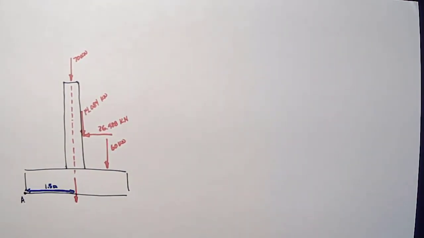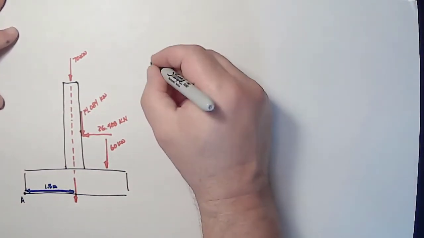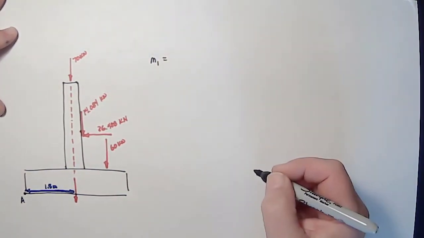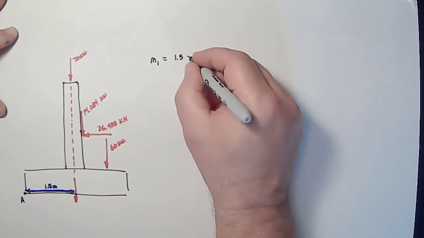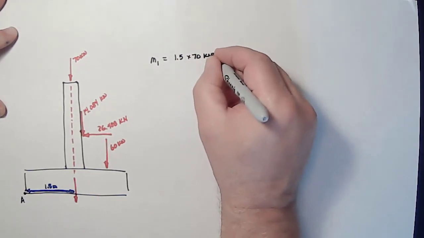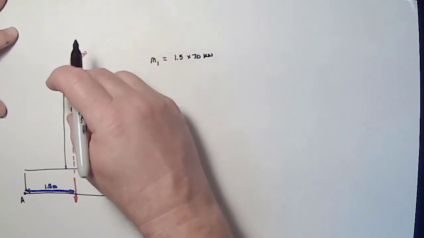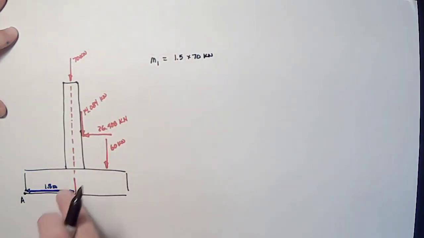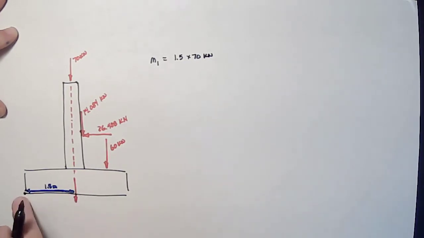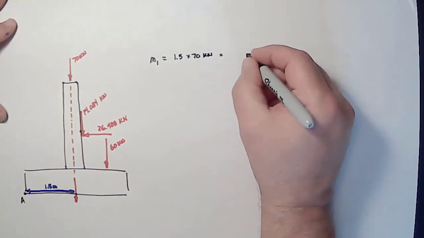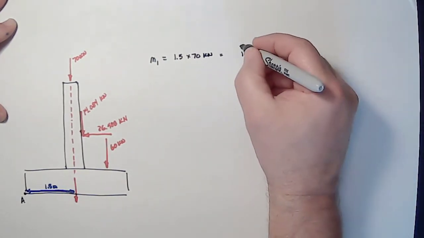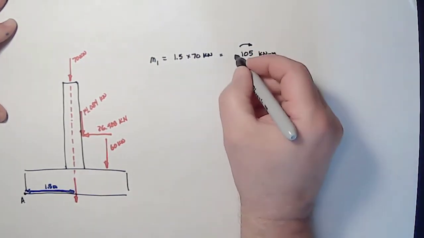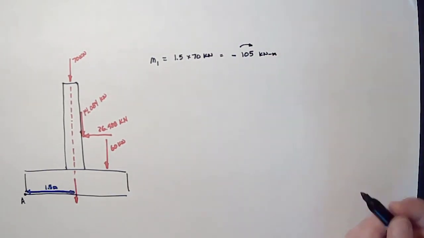The moment due to that 70 kilonewton force, call that moment 1, is 1.5 meters times 70 kilonewtons. Even though the force is way up here, it has the same net effect as if that 70 kilonewtons was mounted directly 1.5 meters to the right of point A. This is 105 kilonewton meters. It's going clockwise, and I will make clockwise forces negative.